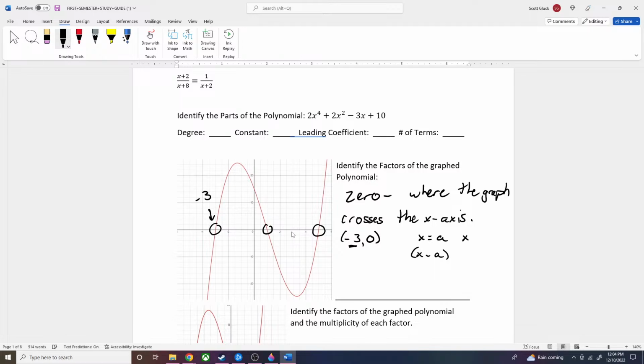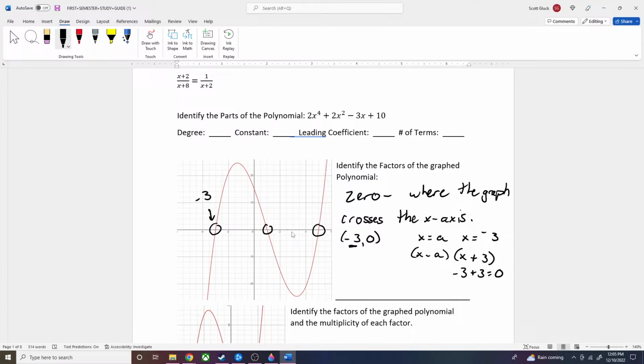So in this case, if x equals -3, then x minus -3 is the corresponding factor. Remember, when you subtract a negative number, it is the same thing as adding. So that way you get x plus 3, and that makes sense, because if you plug -3 in for x, -3 plus 3 equals 0. It results in that factor zeroing out.